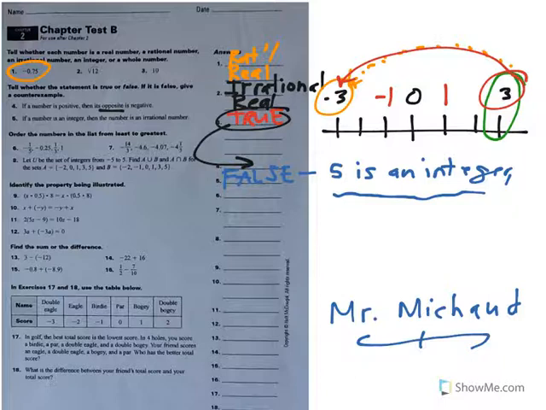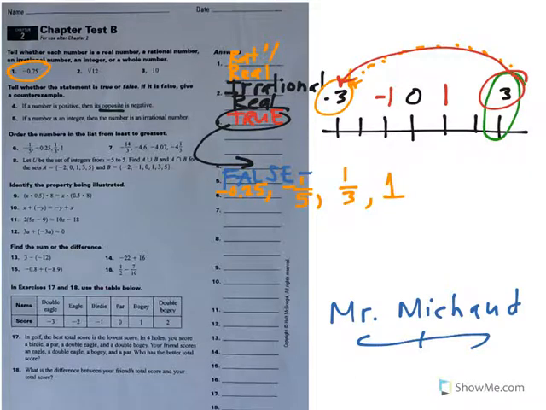The larger the negative, the smaller you are. So the answer to number 6 is negative 0.25, then negative 1/5, which we know is the same thing as negative 0.2. And 0.2 is closer to 0. So the smaller the negative, the bigger you are. 1/3 is the next largest, and then 1 is the largest.